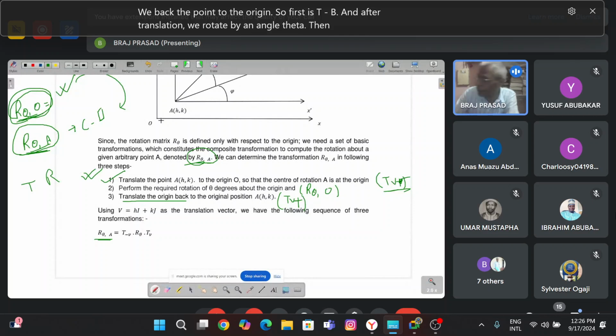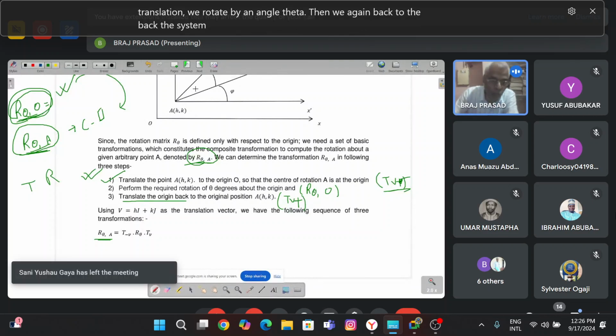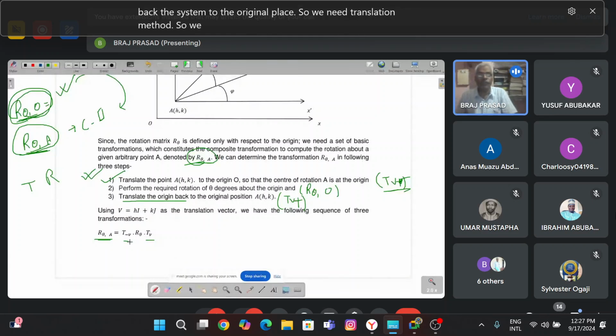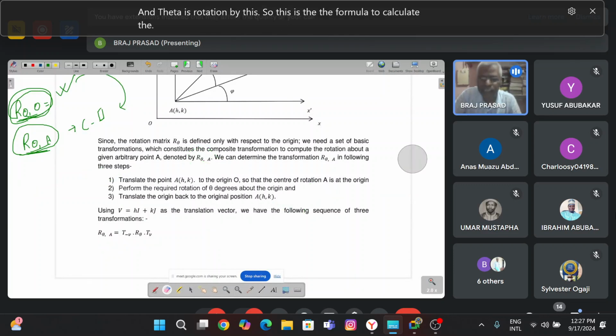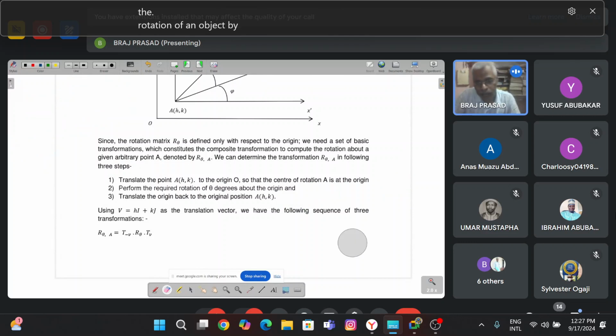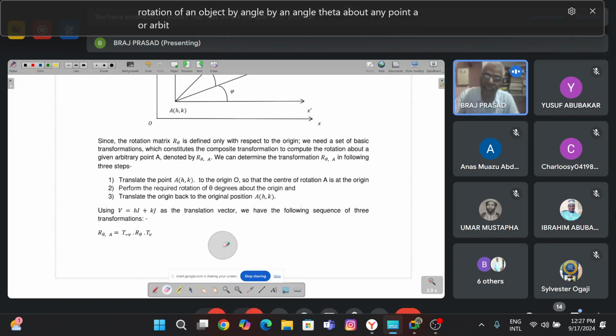Then we again move the system back to the original place. So we have used the translation transformation two times, first in a negative form and second in a positive form, and theta is the rotation. So this is the formula to calculate the rotation of an object by an angle theta about any point A, or arbitrary point A.